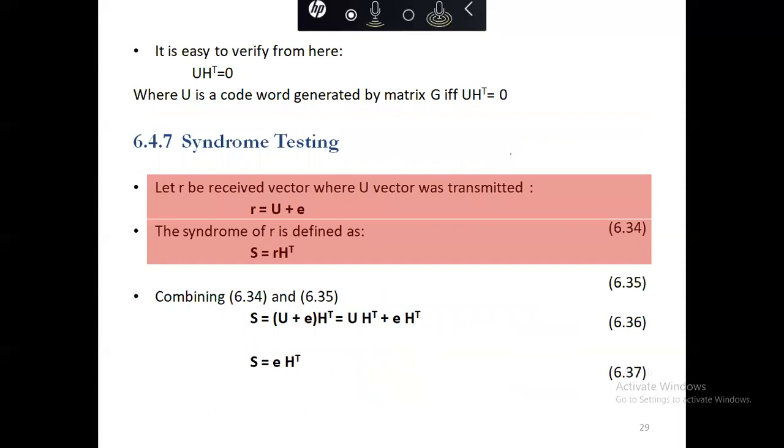Also, when you multiply a right code word with the parity check matrix, the answer will be 0.